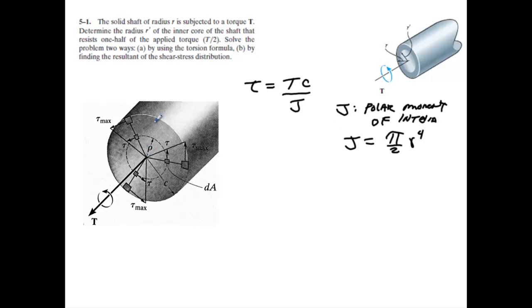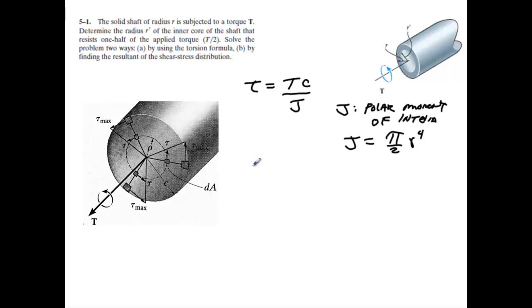So if you're trying to find the shear stress at a different distance from the centroid or center axis, you're not going to change this R value. The only thing that would change is C, which would become the P value, the distance out. But this equation we're always going to use.